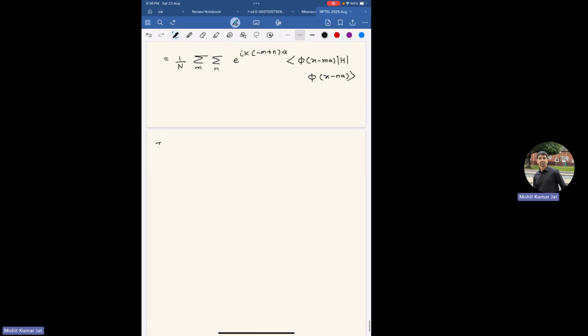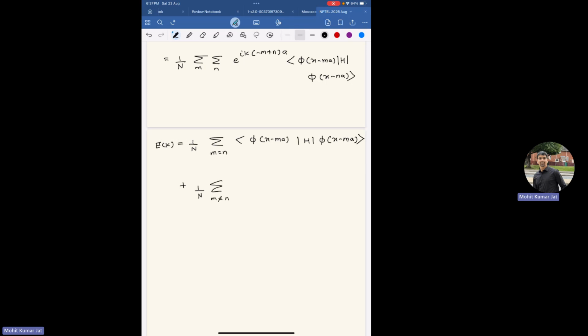So I can rewrite this equation: E_k is 1 by N, with m equal to n, phi of x minus ma, H, phi of x minus ma. This is one part. The next part, plus 1 by N, when m is not equal to n.